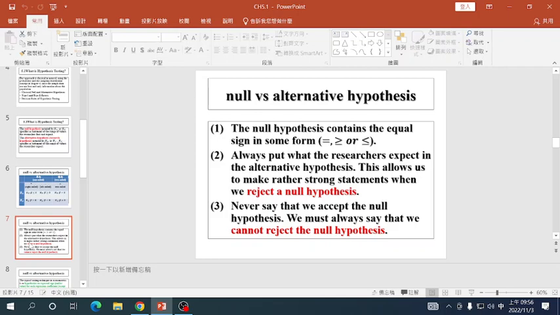Same meaning? Do not reject or accept. This is nothing related to this hypothesis testing. I mean, think about it in the real world.